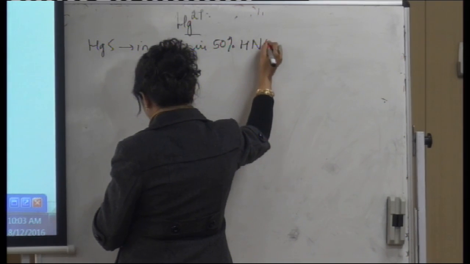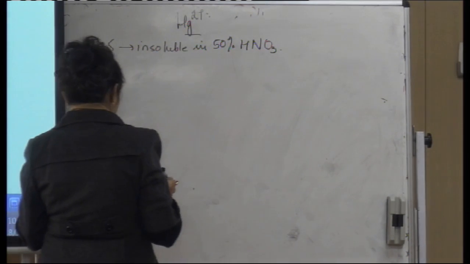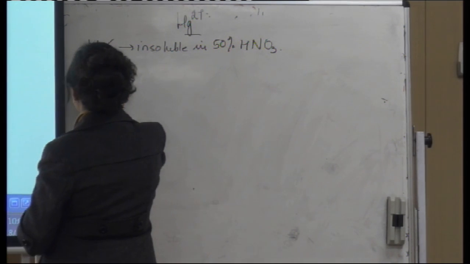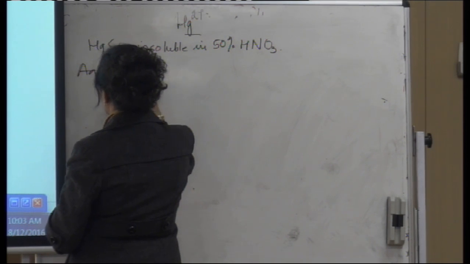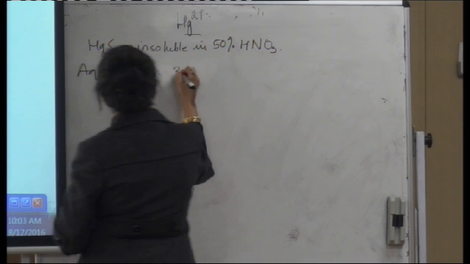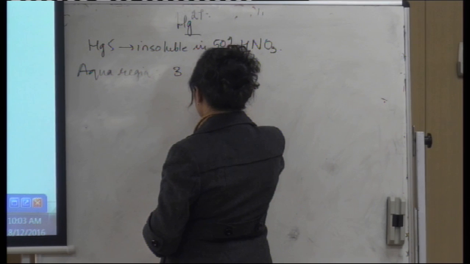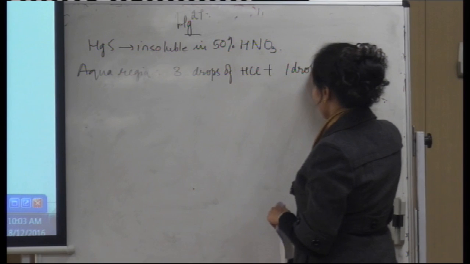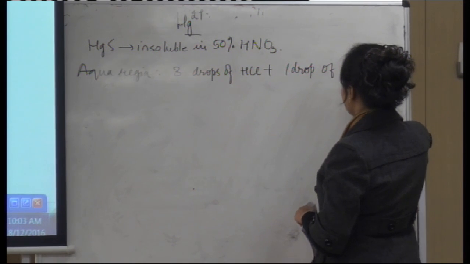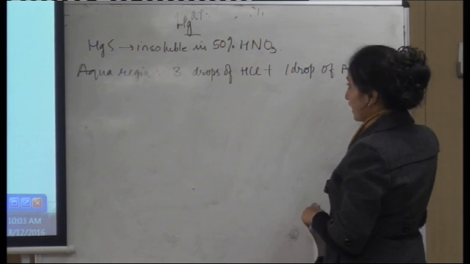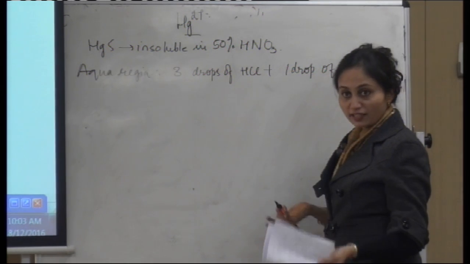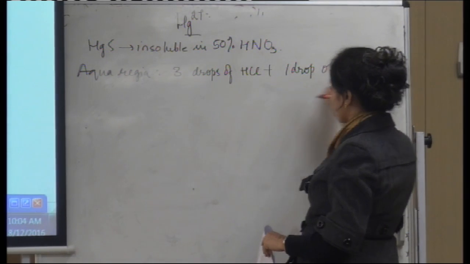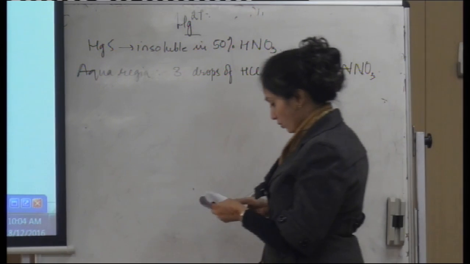So we can instead have it getting dissolved in aqua regia, and remember that aqua regia is an important reagent, which is nothing but 3 parts of HCl with 1 part of HNO3. So in reactions you will maintain this ratio. If this is 3 HCl, this will be 1 HNO3. If this is 6 HCl, this will become 2 HNO3 and so on.